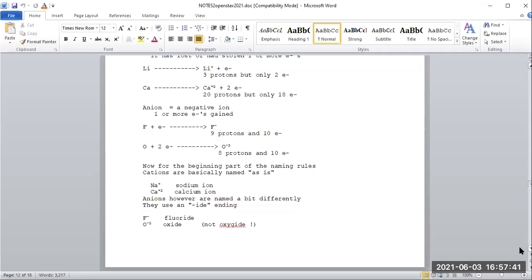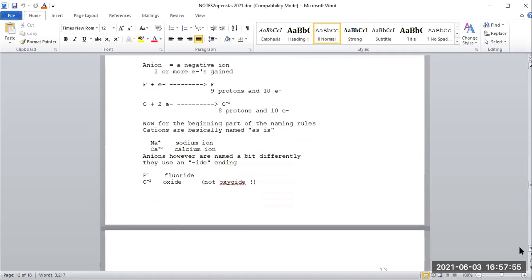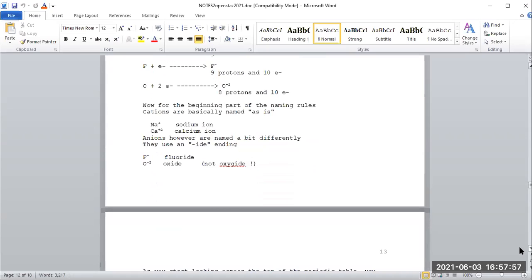Anions get conjugated. You remove part of their name and you attach an IDE ending. F minus becomes fluoride.